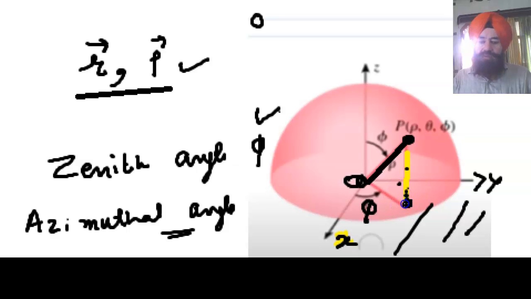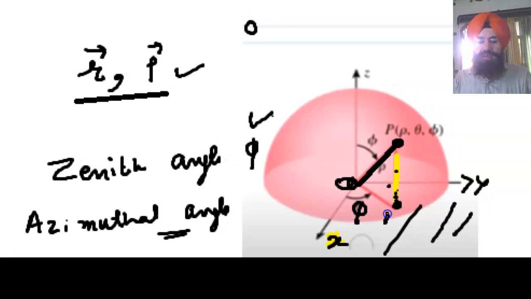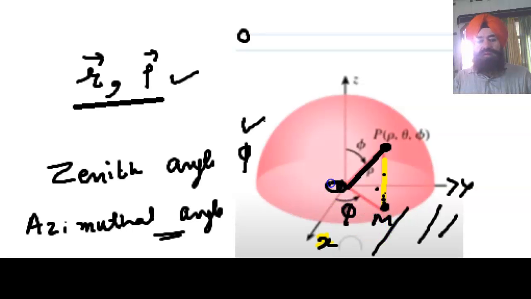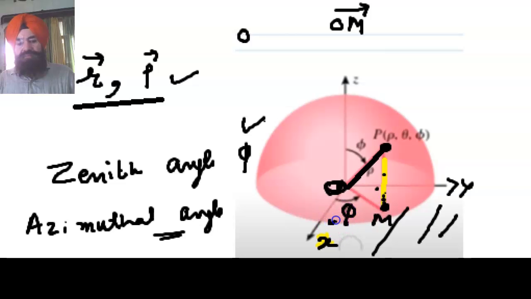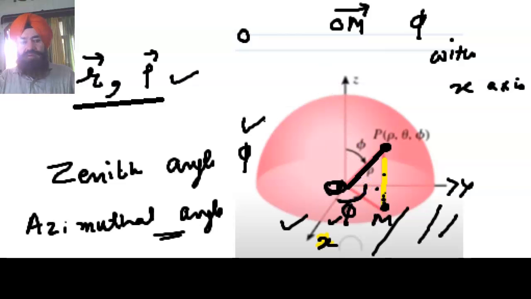Then I mark this point as point M. Then the OM vector makes an angle phi with the x-axis. This phi can have any value from 0 up to 2 pi.